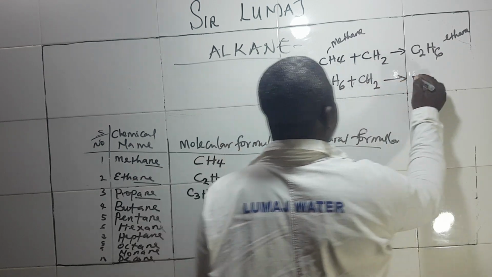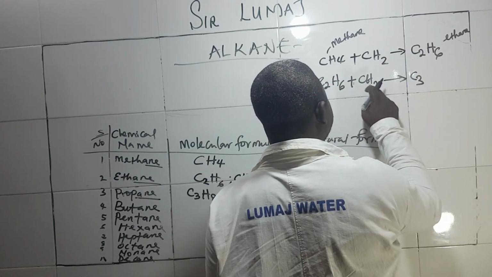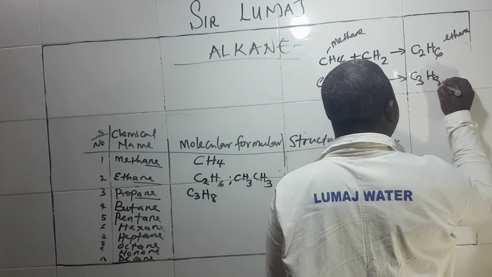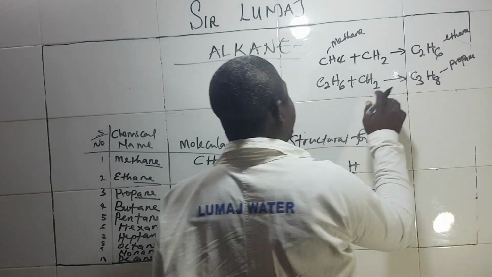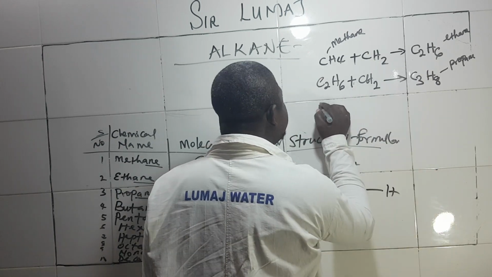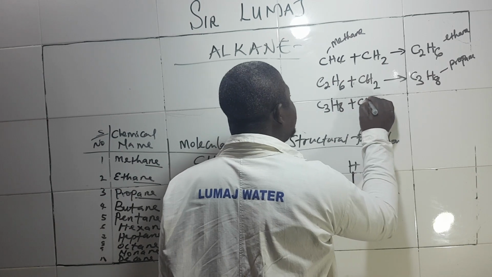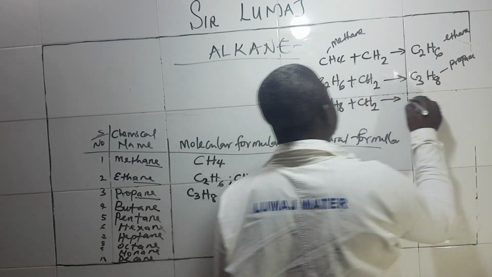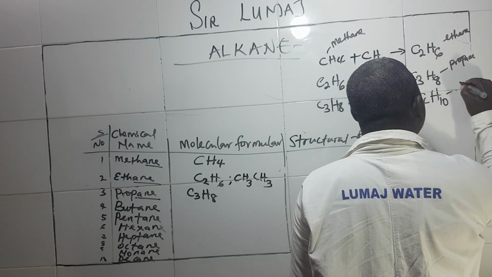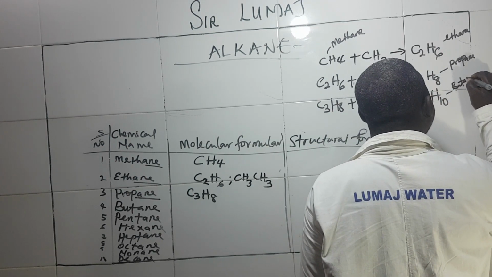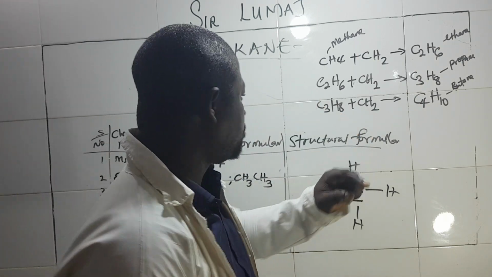C2 plus C gives us C3. H6 plus H2 is H8. We have gotten propane. And that continues like that. That means we can have C3H8 plus CH2 to give C4H10. And this is butane.